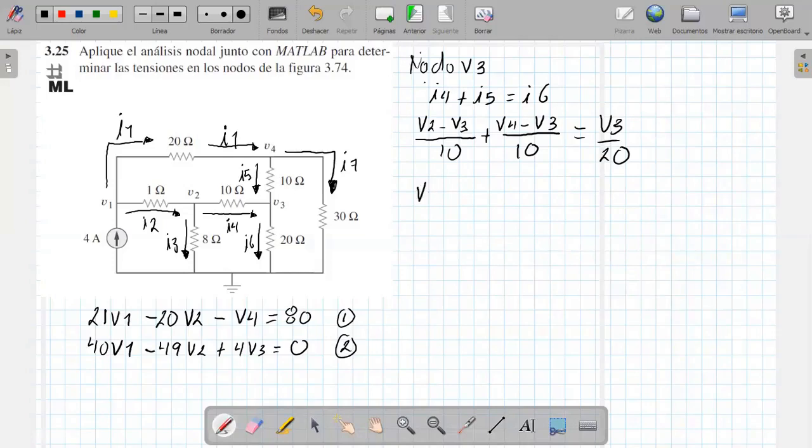So it would be V2 over 10 minus V3 over 10, plus V4 over 10 minus V3 over 10. Passing this to the other side, it would still be minus V3 over 20 equal to 0.